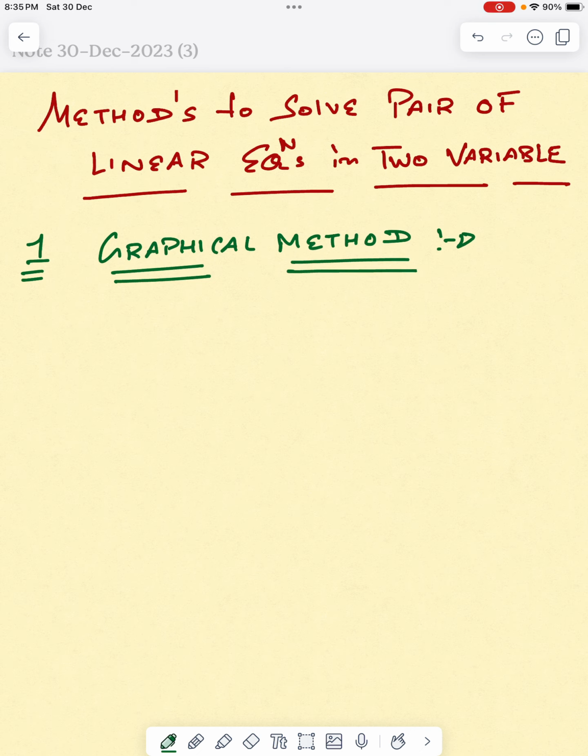Now there can be three possible graphs of any pair of linear equations. The first possible graph is for a consistent system with a unique solution.